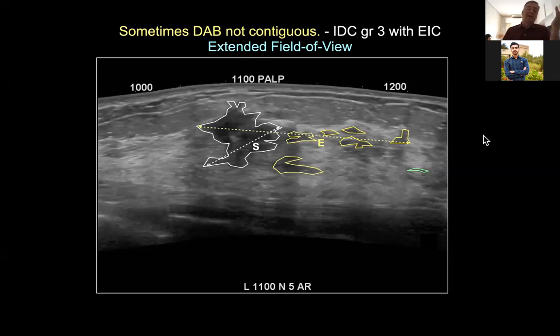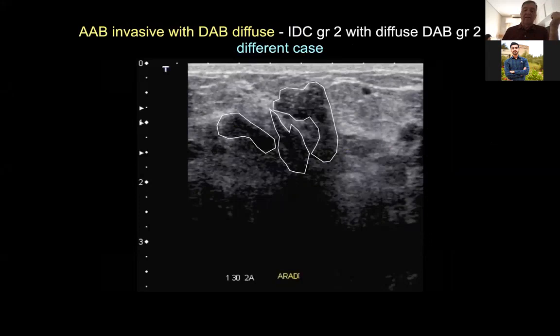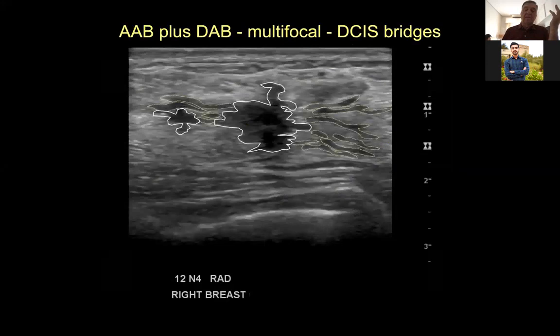So again, in this particular case, huge difference between size and extent. Same here, huge difference between size and extent. Again, I can see some normal ducts here, and here, and here, and here. So we can see that these are somewhere in the 3 to 4 times normal size.